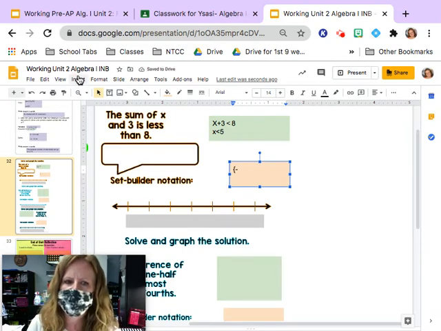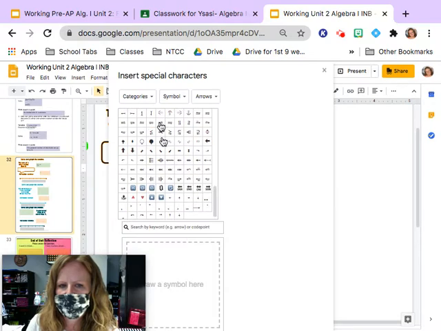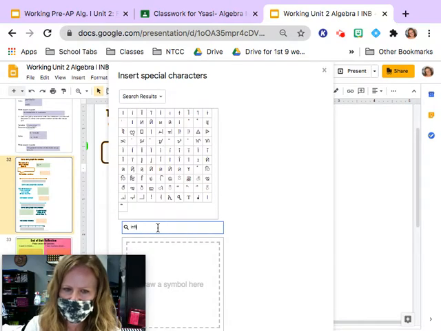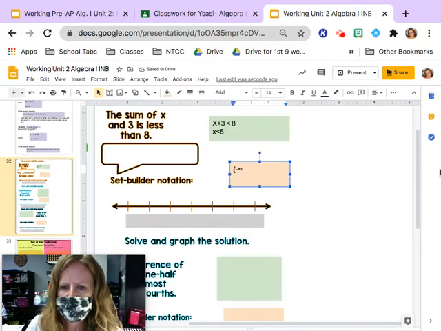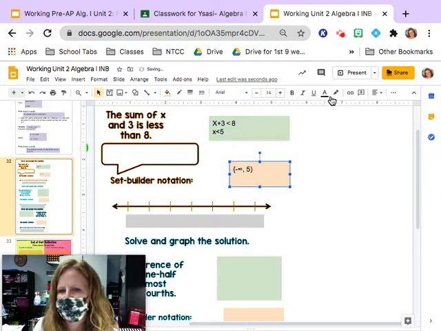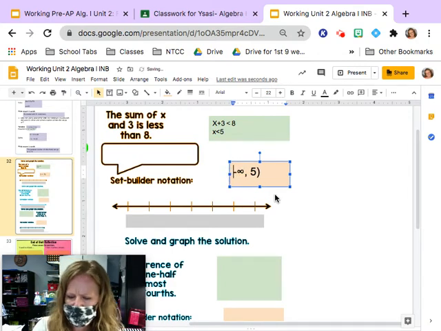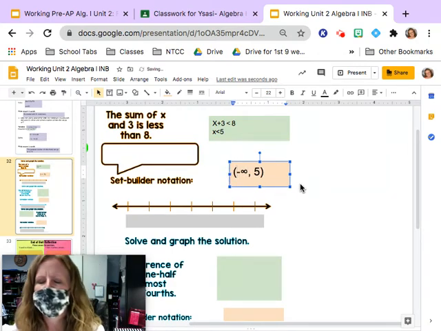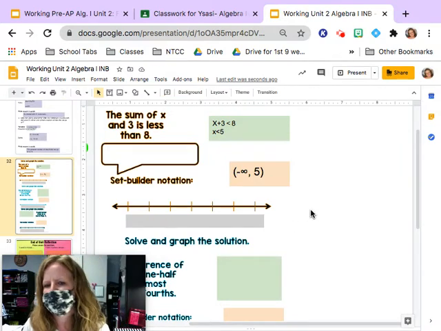Got to insert the infinity sign. Negative infinity all the way up to 5. A parenthesis. Well, I thought the infinity was always parentheses. Yeah, what am I doing? Yeah, it's parentheses. I got confused with the last problem we were doing with the brackets. Sorry.